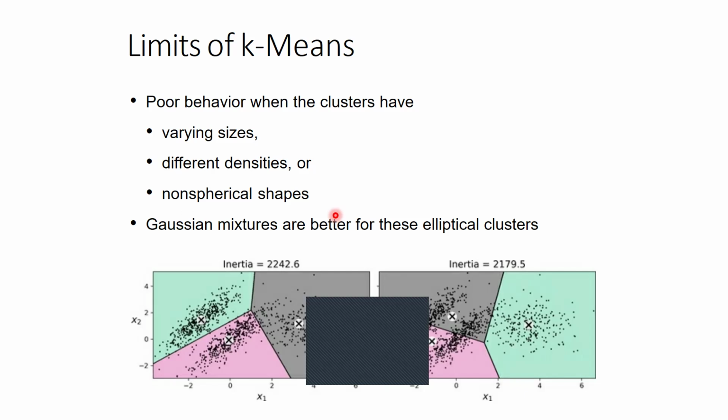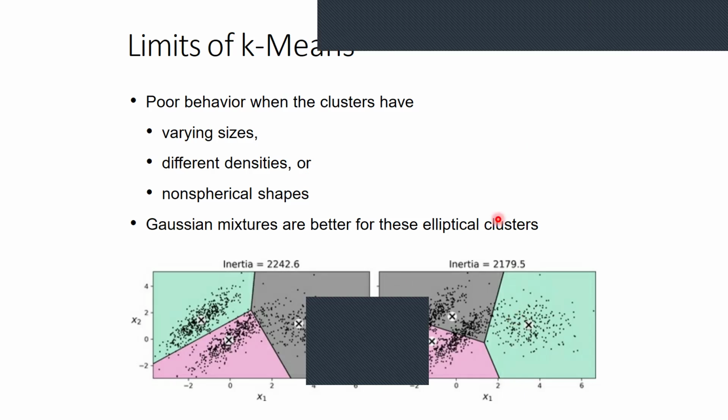Gaussian mixture is better for elliptical clusters. Why? Because you can see the inertia values, 242.6 versus 2179.5. Based upon this, we do the clustering. So these are the limitations of k-means, and this is the whole topic of k-means clustering.